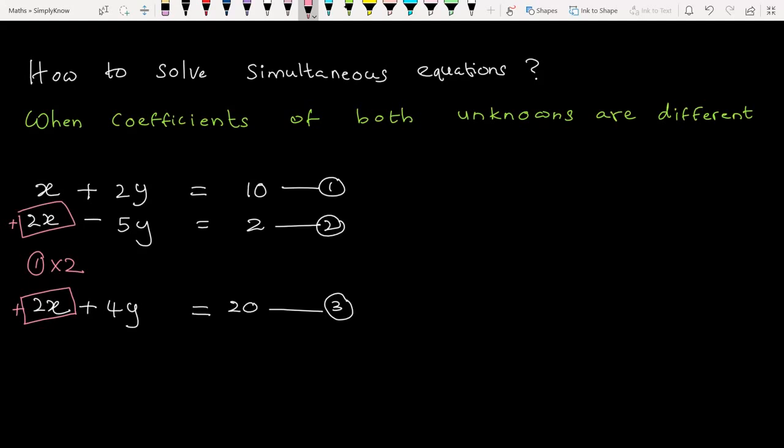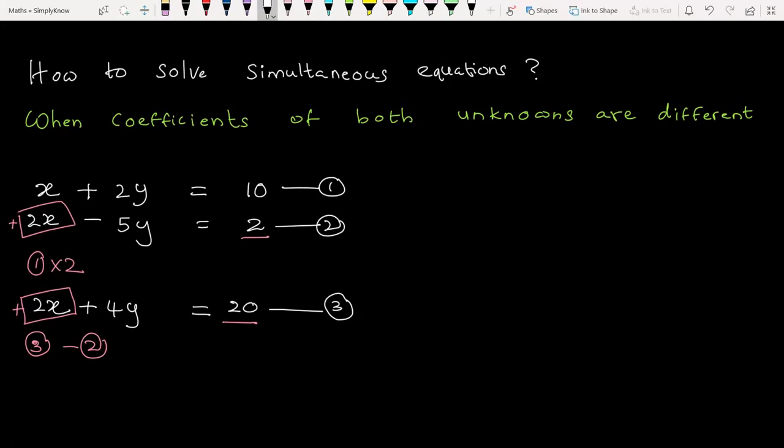So are we going to deduct the third equation from the second or the other way around? Look at the numbers on the right side. It's 20 and 2. So it's better to deduct 2 from 20. This means I'm going to deduct the second equation from the third equation.